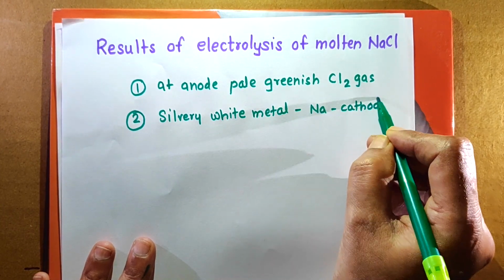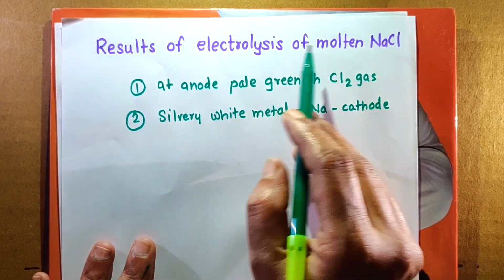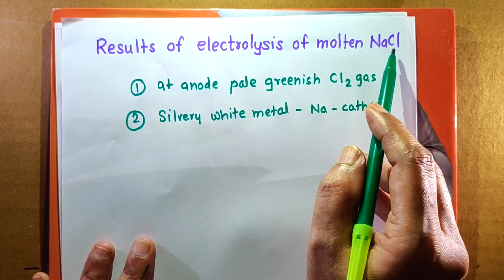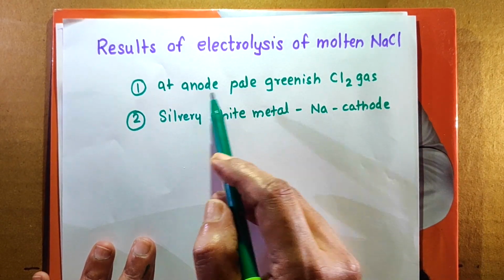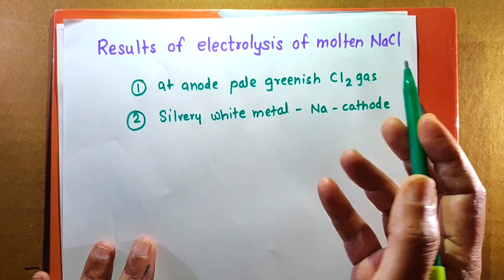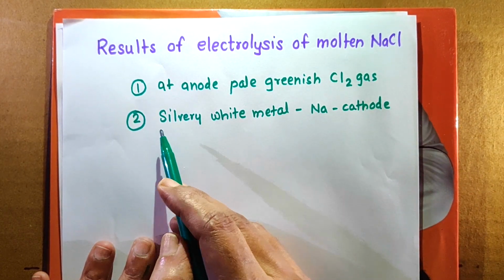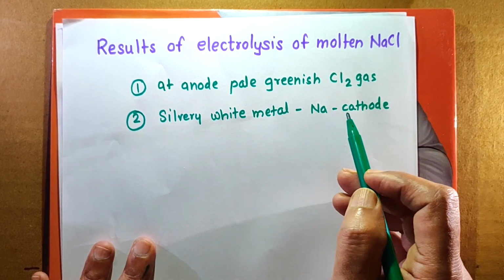So remember, in the electrolysis of molten NaCl, at the anode we obtain chlorine gas, pale greenish in color, and at the cathode silvery white metal sodium is obtained.